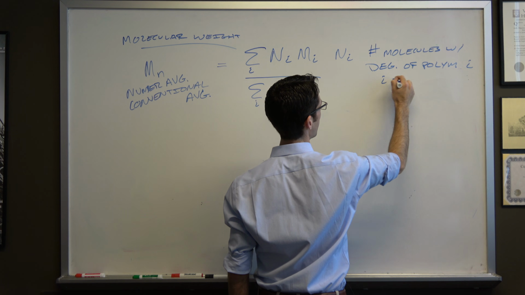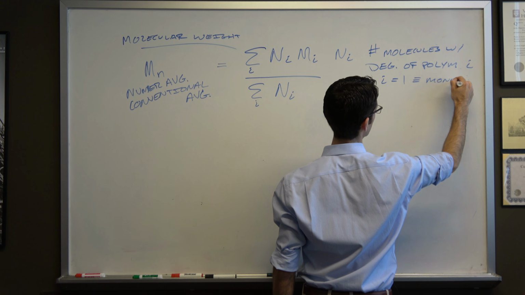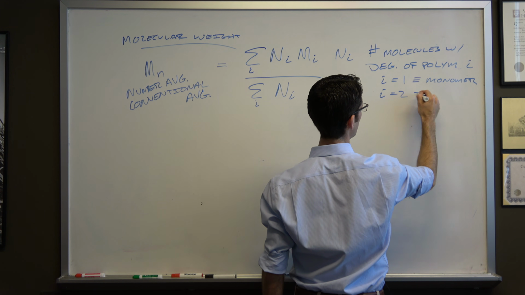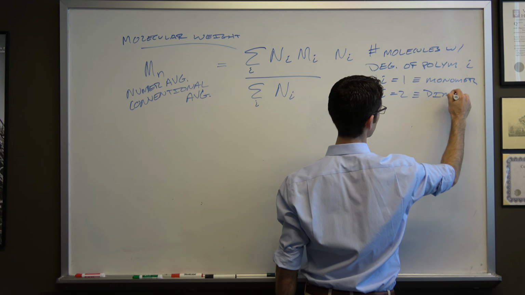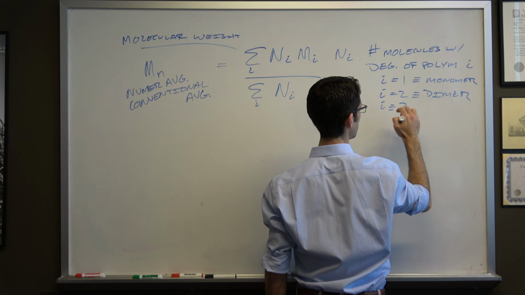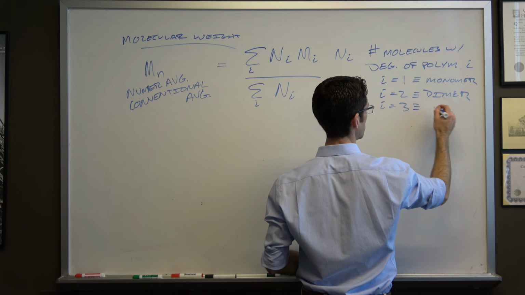So for example, i equals 1, you have a monomer. i equals 2, you have a dimer. i equals 3, you have a trimer.